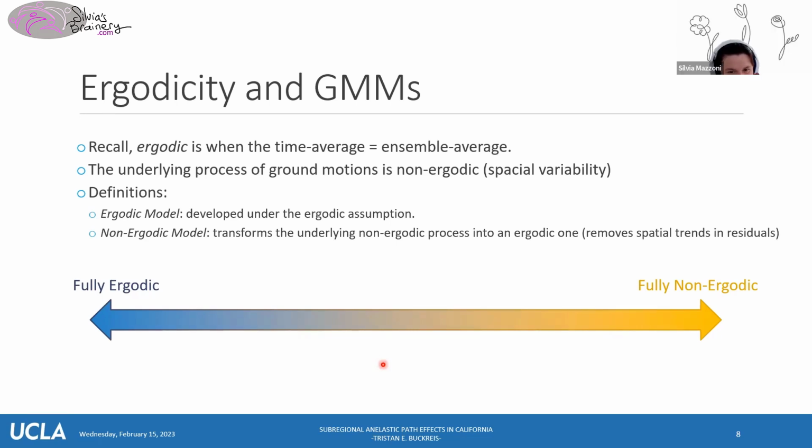Okay, I got a couple of questions on this. Now, the ergodicity on it, you can apply to different parts of your model though, right? So you can have, for example, the source model. We don't have that many earthquakes, right? So we can't really, so a fully non-ergodic, and this non-ergodic is like a double negative. I think that's what throws people off. But it's almost like more site specific, but more than that.